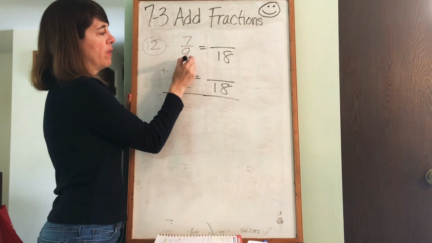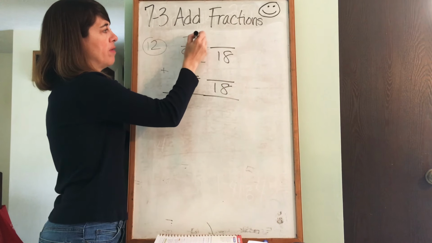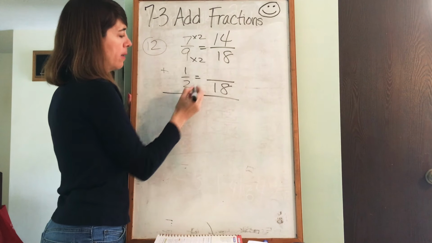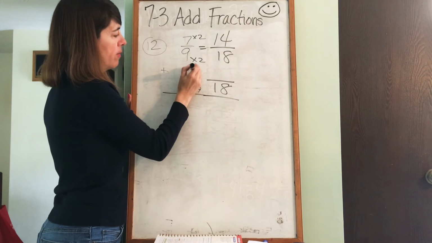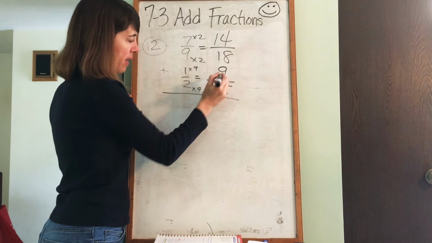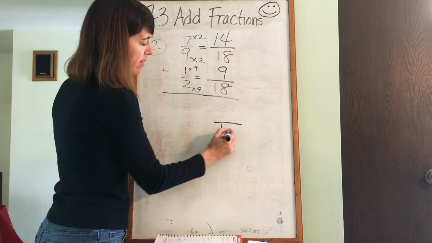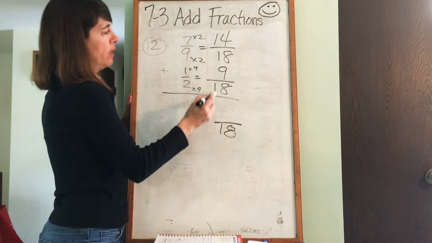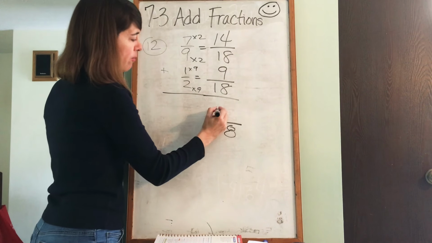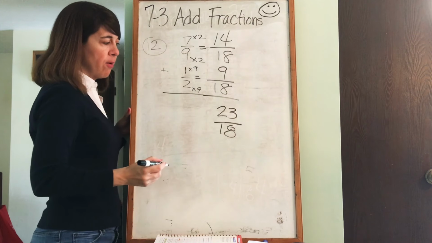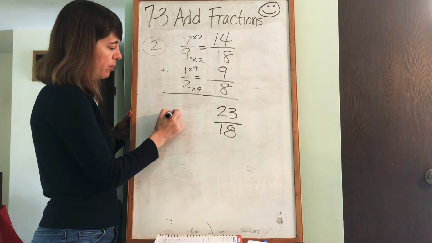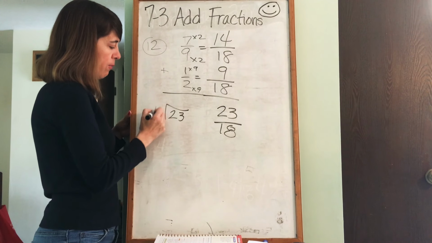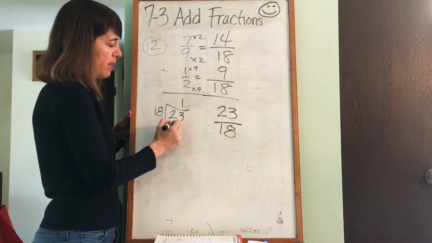Again, make our equivalents. This is times 2, so this is times 2, that's 14. This is times 9, so this is times 9, and that is 9. Keeping our 18ths, as we do, then we have 14 plus 9 is 23. Here again, because it's an improper fraction, you'll have to divide. 23 divided by 18, that's 1.